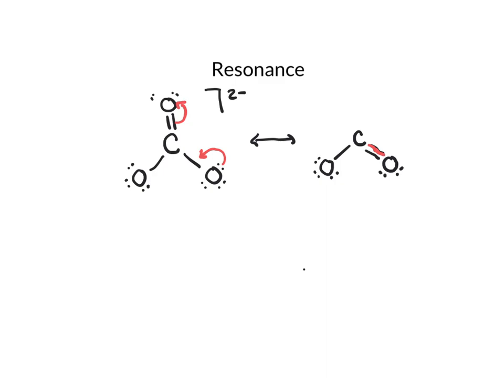And then I took one of these pairs of electrons and put them out as a lone pair on this oxygen. So those are the electrons that I moved. And when I did that, we can see that the double bond has now moved to be between this carbon and oxygen rather than between the top carbon and oxygen. So I've just moved that double bond around by moving the electrons.